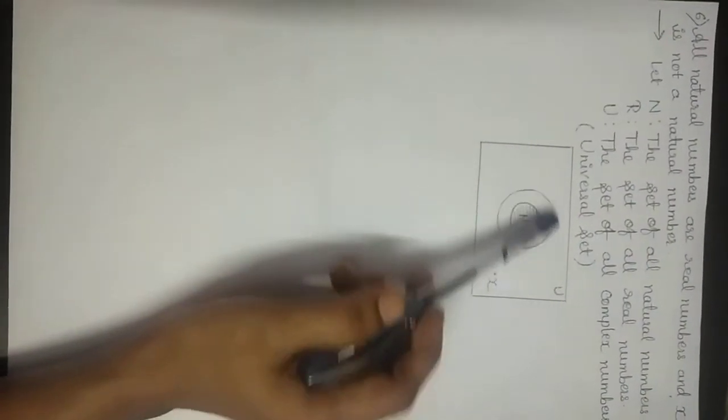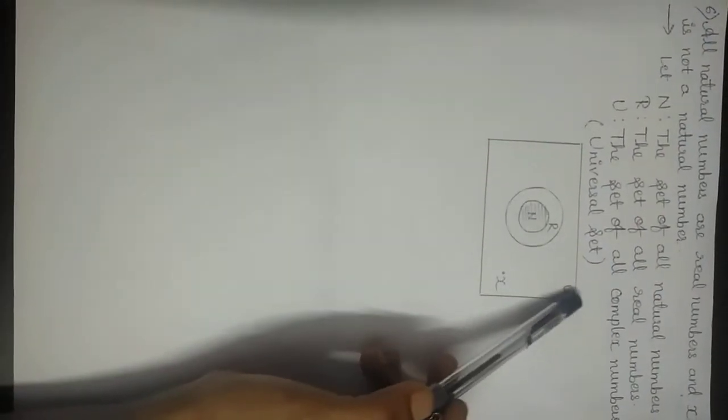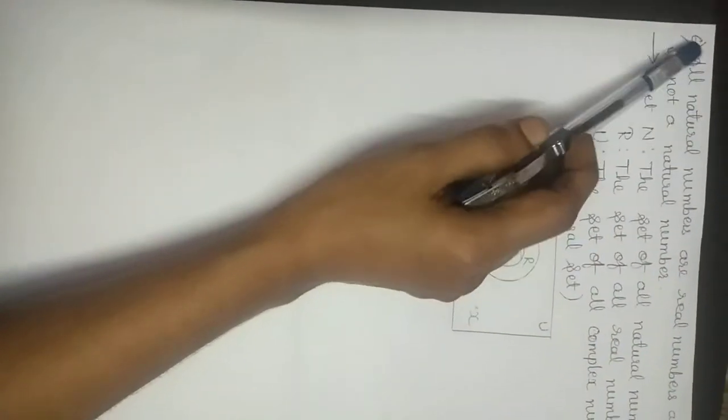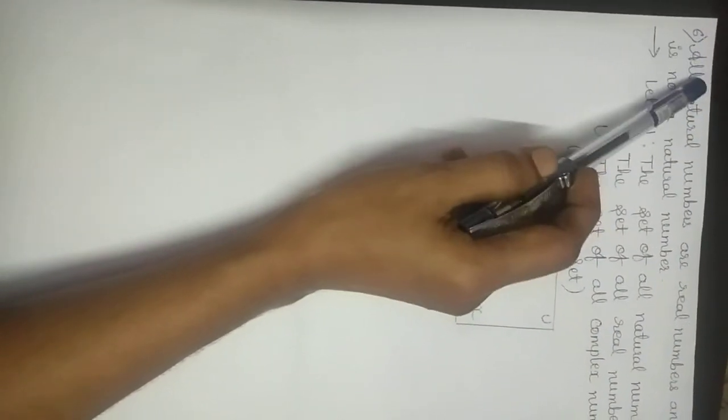Now we will draw the Venn diagram. This rectangular box is nothing but our universal set. Since "all" is present, we already know from example number 1 that we will draw two circles, one inside the other. The inside circle is the set of all natural numbers, and the outside denotes the set of all real numbers.